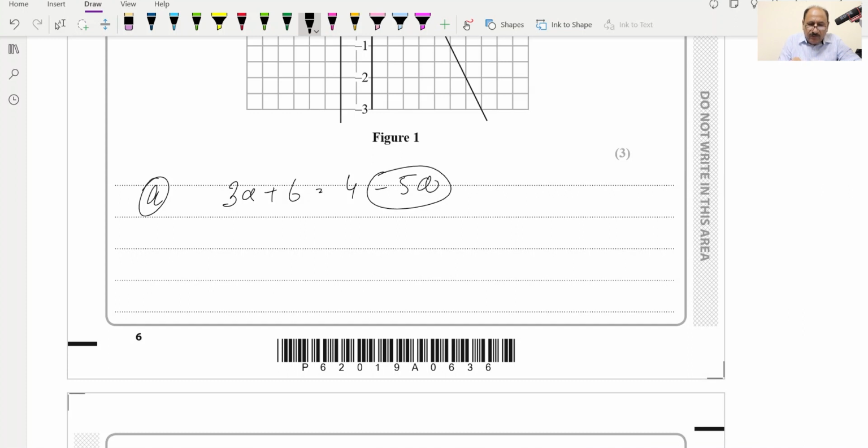So this 5a we can shift to this side, and what we will get is 3a plus 5a is equal to 4 minus 6, which is equal to minus 2.